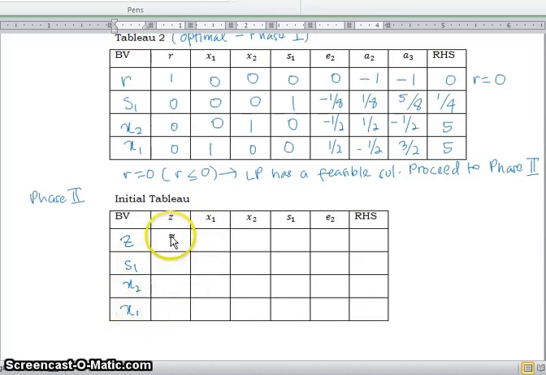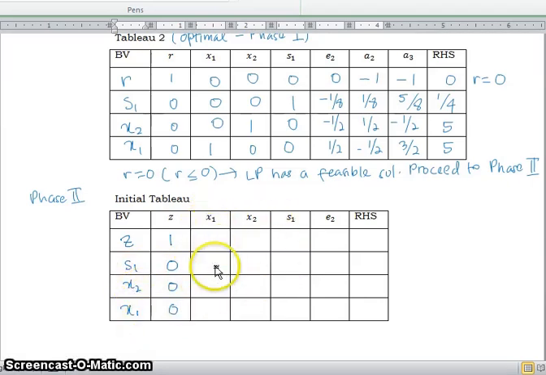The coefficient of Z is 1 in row 0 and 0 in other rows.